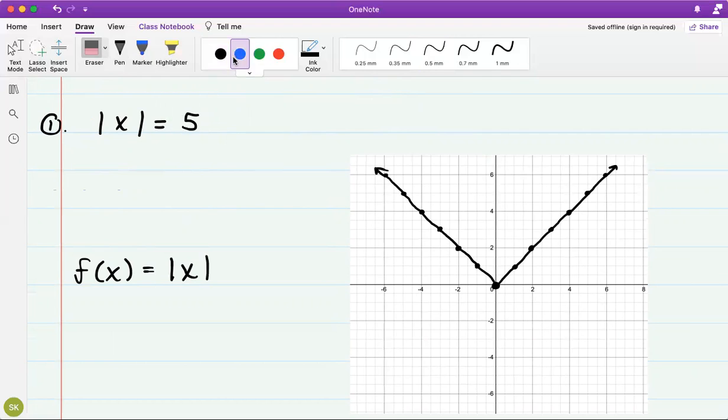Now this number, you can think of this side of the equation as a line, and it's a horizontal line. y is equal to 5. Let's graph that. So here is 5.